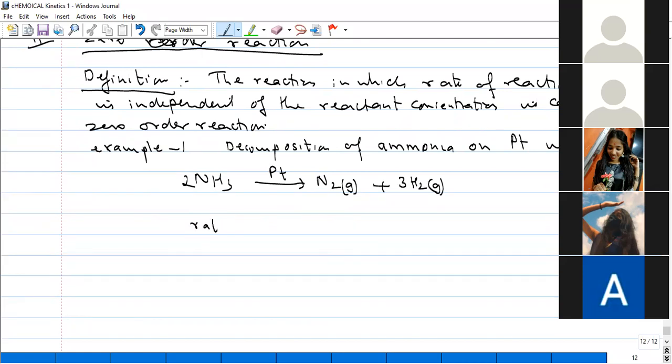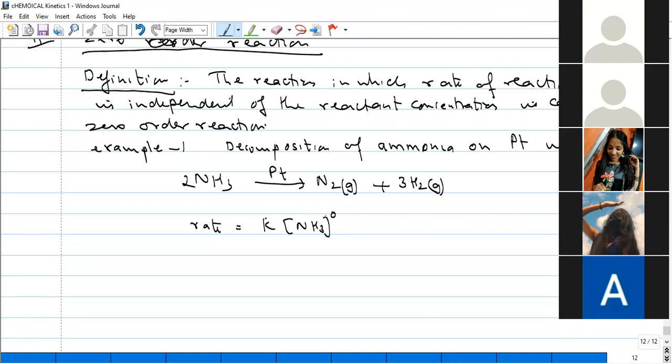The rate is equal to k [NH3] raised to 0. That means it doesn't depend upon the concentration of ammonia. The power is 0, therefore it is a zero order reaction.